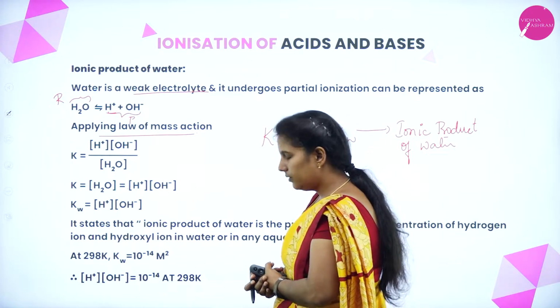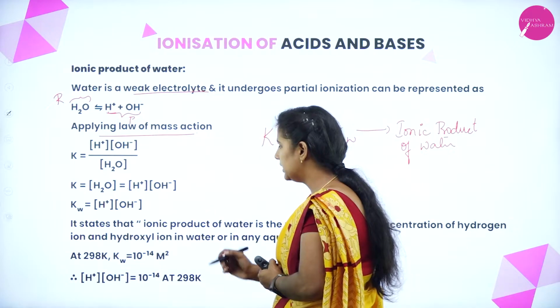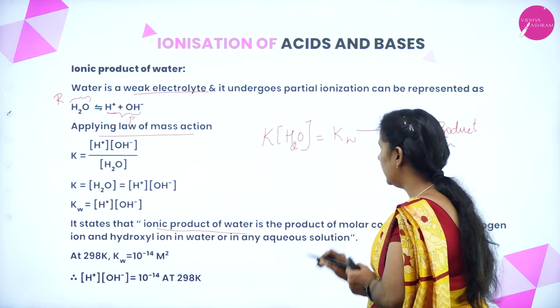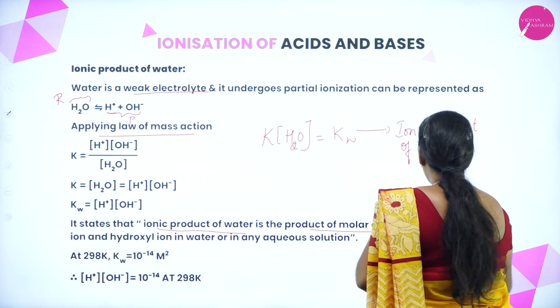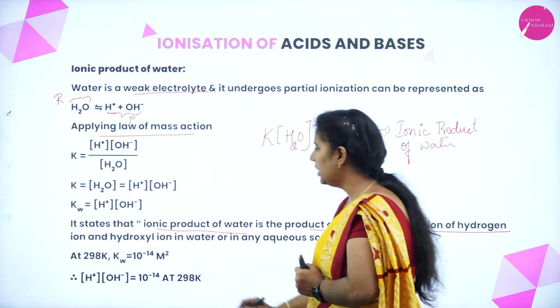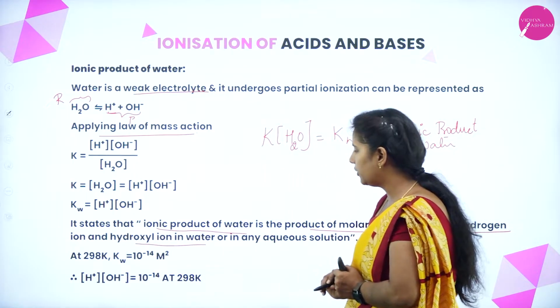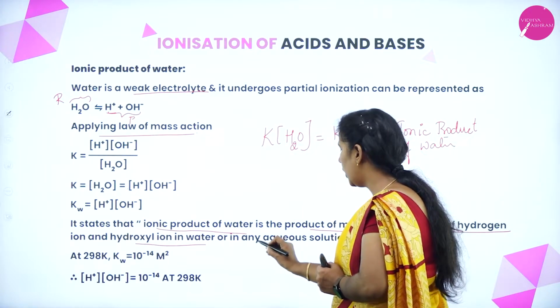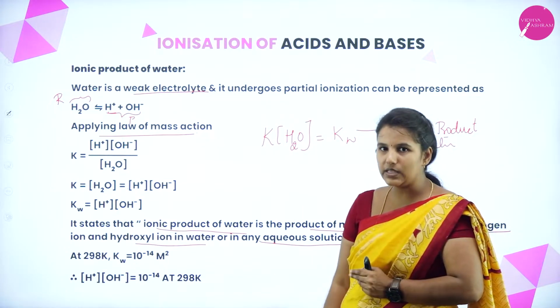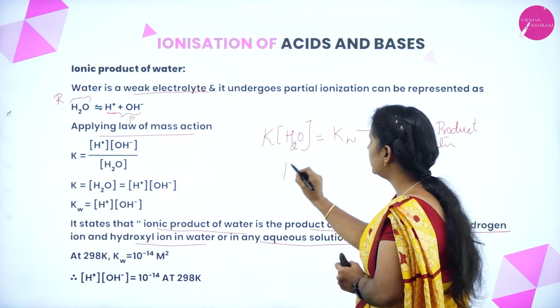Then how can I define the ionic product of water? I can define it in this way: the ionic product of water is the product of the molar concentration of the hydrogen ion and the molar concentration of the hydroxyl ion in water or in any aqueous solution. So what is Kw?